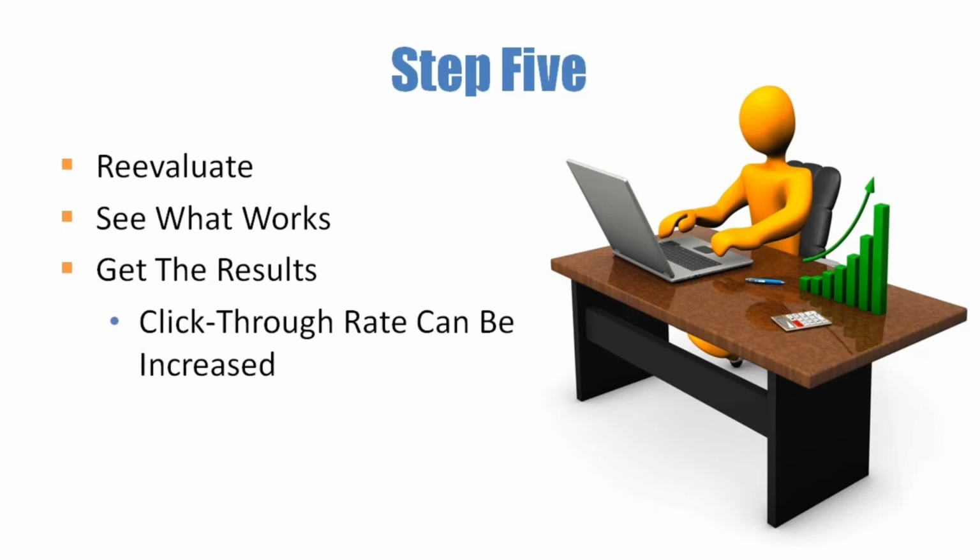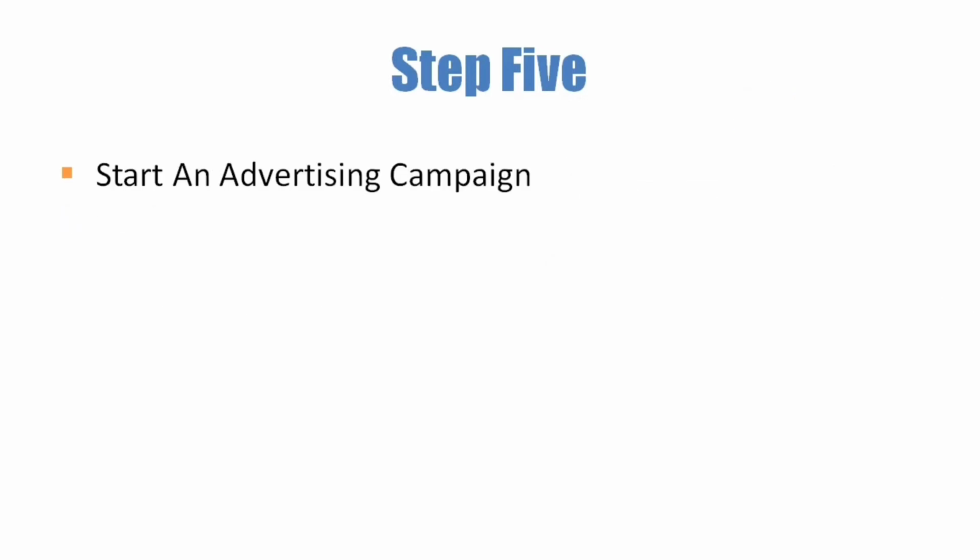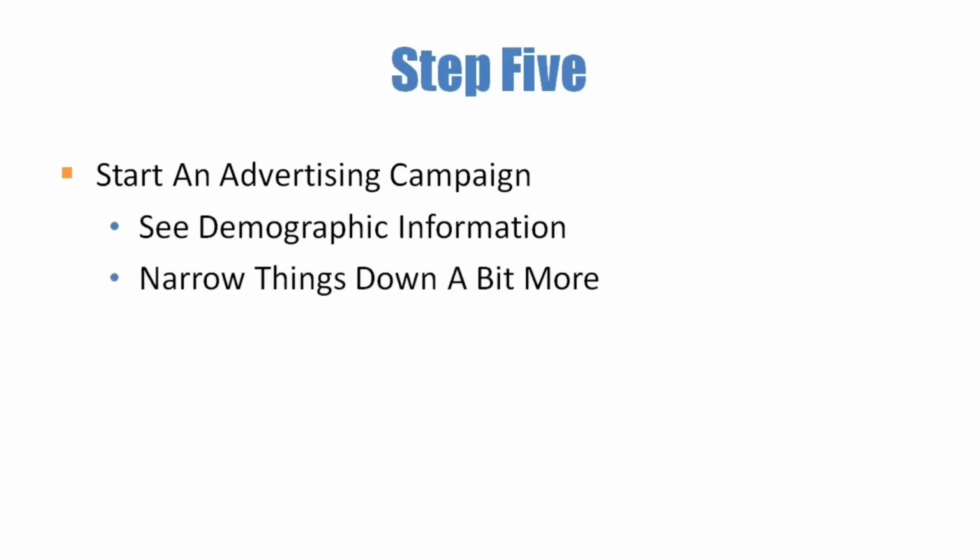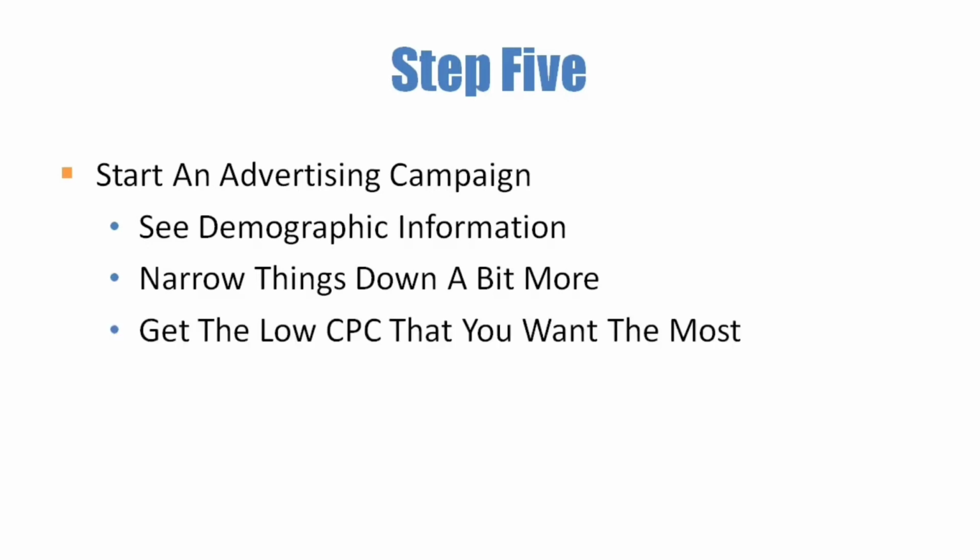Your click-through rate can be increased and your total cost can be decreased much further once you start an advertising campaign with Facebook. Once you've started advertising, you will see demographic information, and then you can narrow things down a bit more. Once you trick Facebook, you can essentially get the low CPC that you want the most.